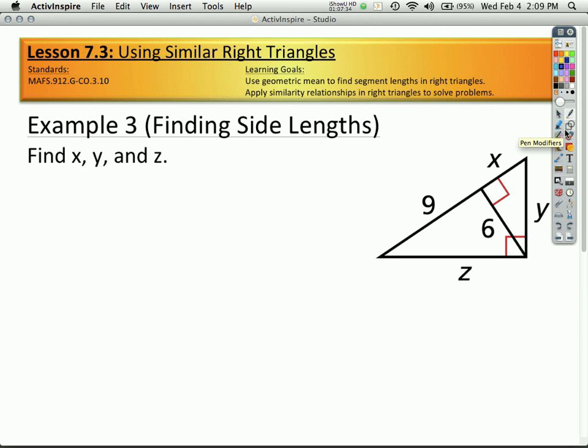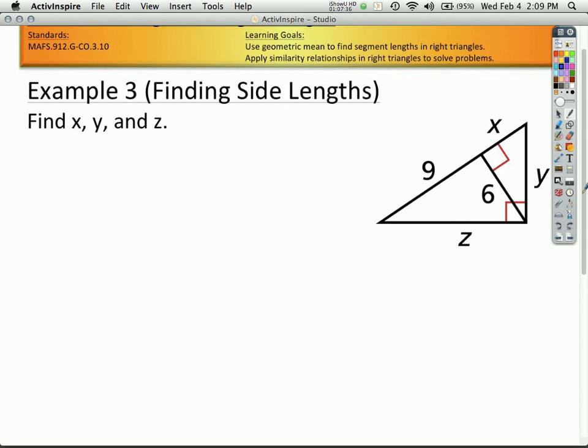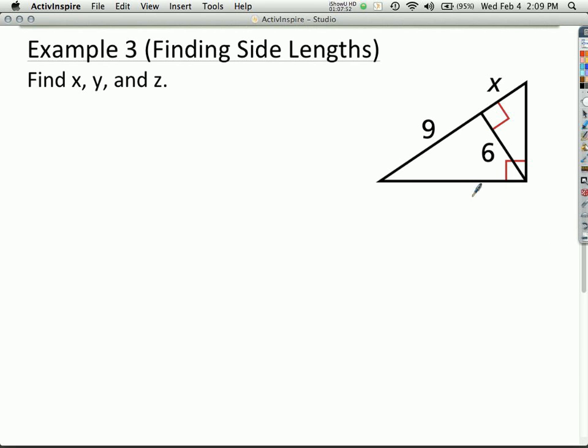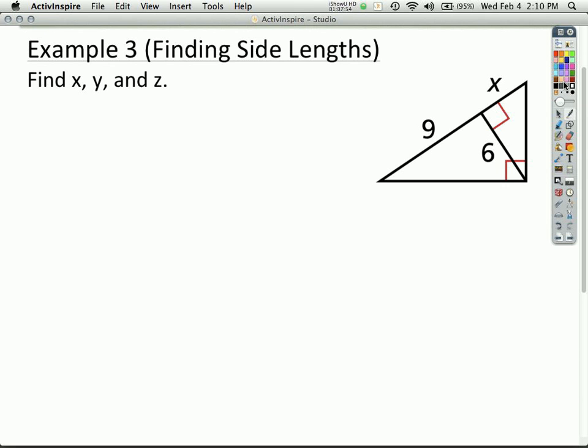I also set up this first question so that we could go in a nice simple order. So I did make it a little bit easier to start with. So we need to find x, y, and z. We're going to start out finding x. And so what I'm going to do is get rid of y and get rid of z just for a moment. You don't need to erase it, but just so we can focus for a moment.